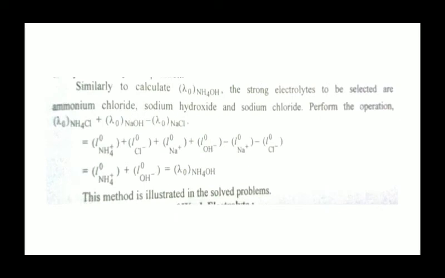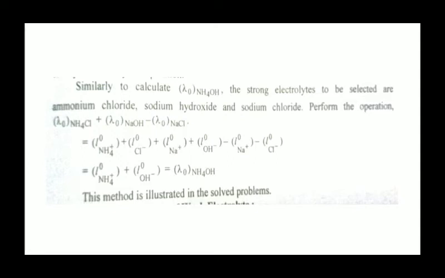Similarly, to calculate lambda 0 value of ammonium hydroxide, the strong electrolytes to be selected are ammonium chloride, sodium hydroxide and sodium chloride. Perform the operation: lambda 0 NH4Cl plus lambda 0 NaOH minus lambda 0 NaCl.